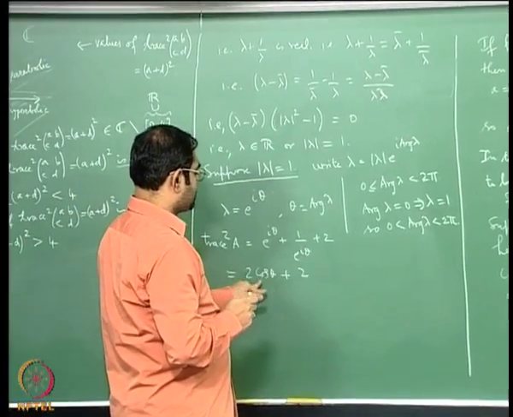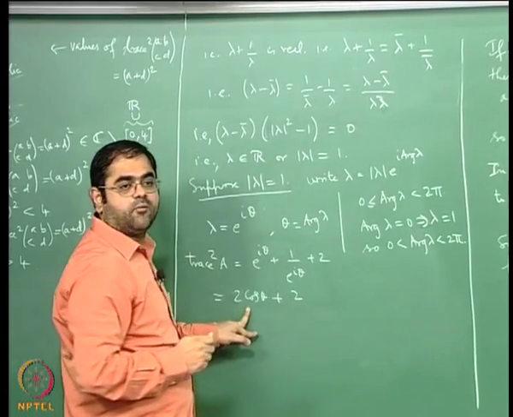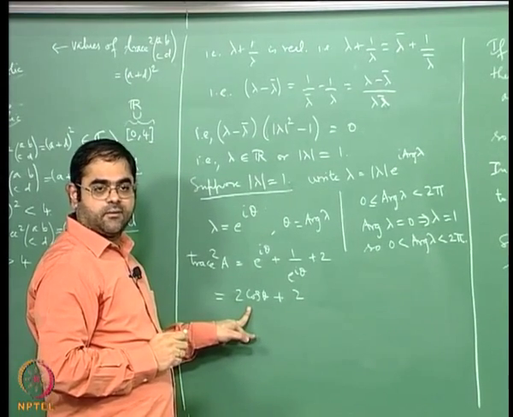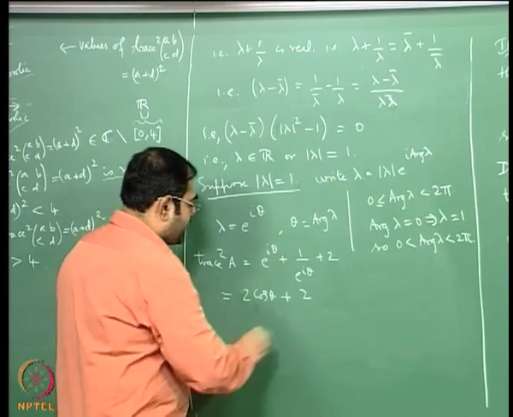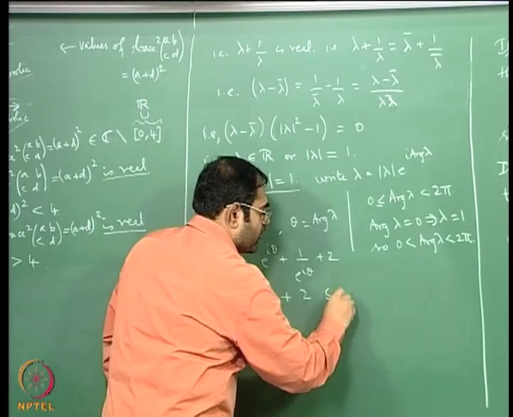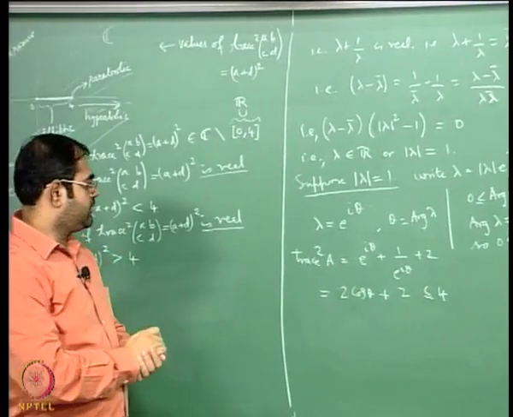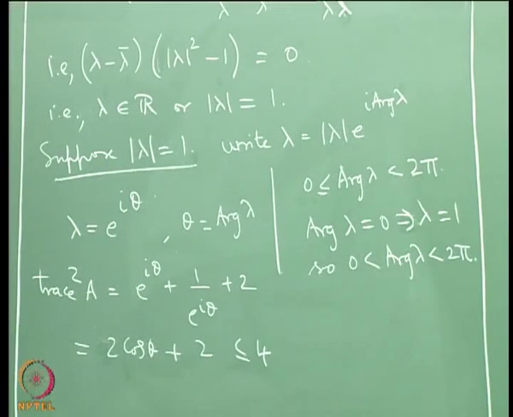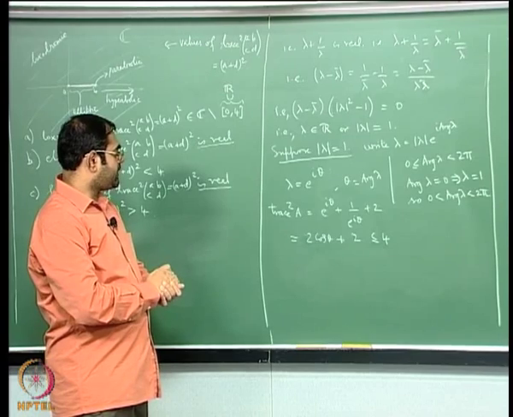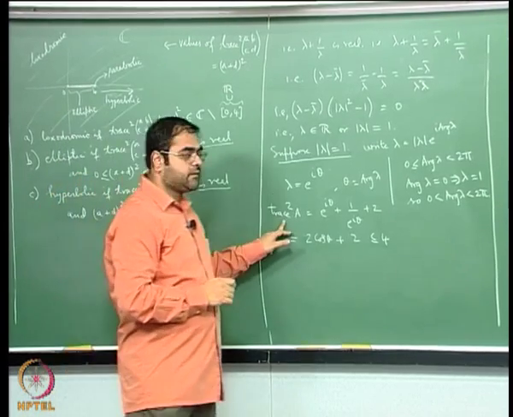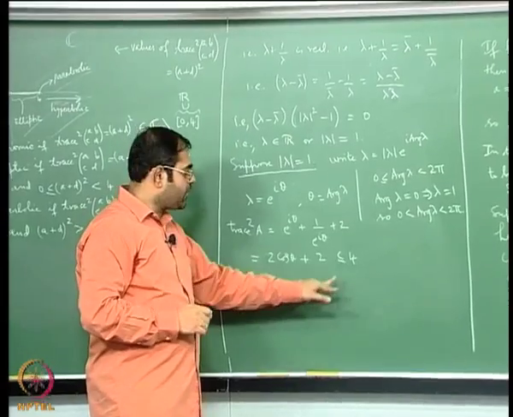And you see, this quantity, cos theta is bounded by 1. So the first thing I need to say is that in any case this is less than or equal to 4. Mind you, I want to make the statement that this quantity is going to lie between 0 and 4, it cannot be equal to 4.